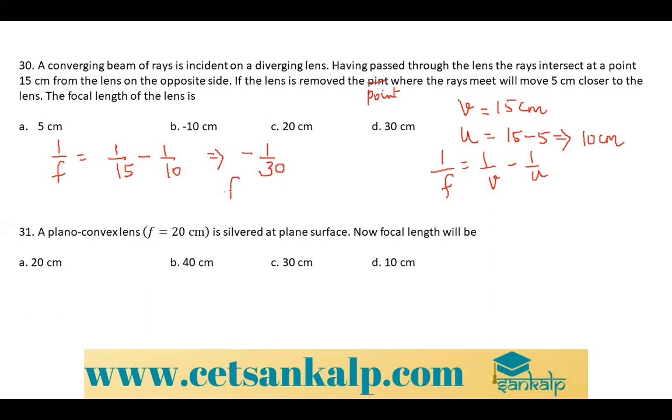So f is equal to minus 30 centimeter. So the magnitude apply ಮಾಡಿದಾಗ you will get it as 30 centimeter. F is equal to 30 centimeter. You hope you're clear with that?